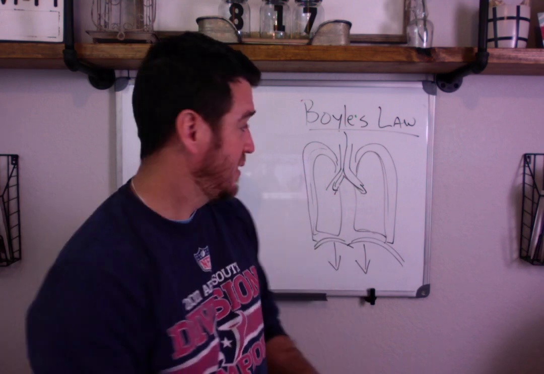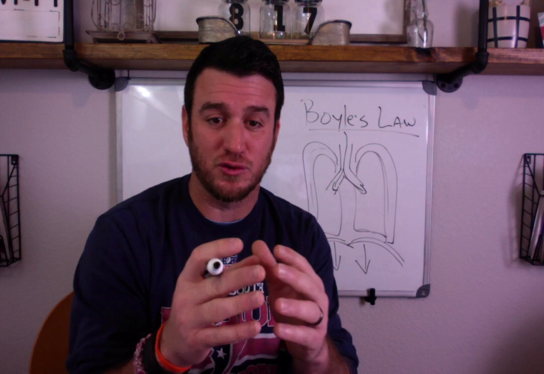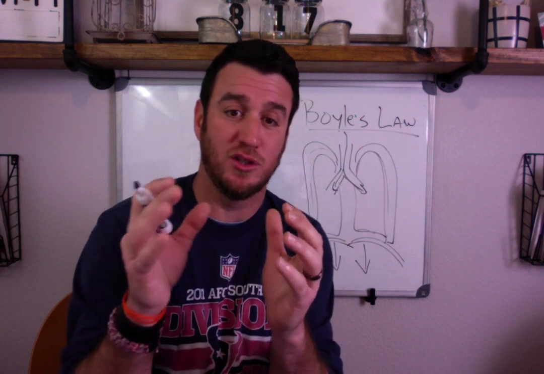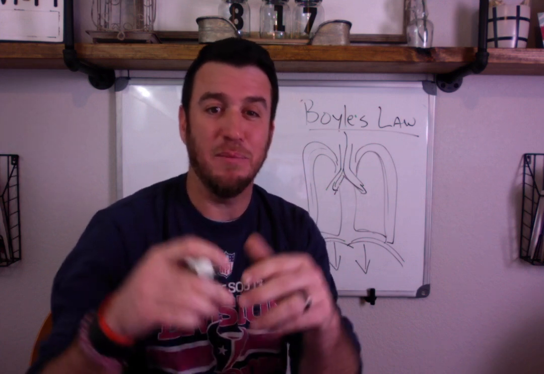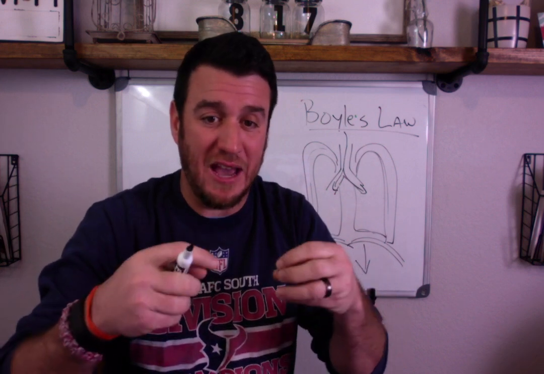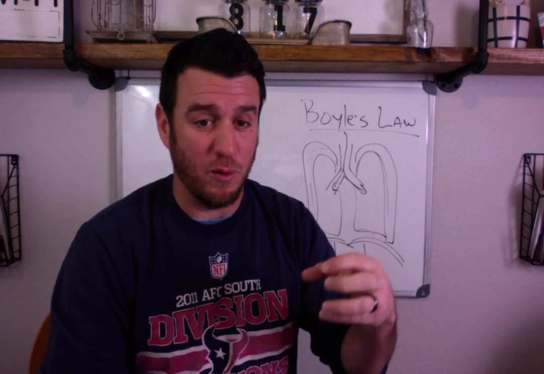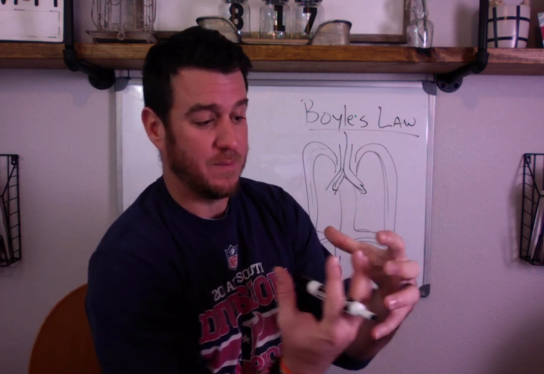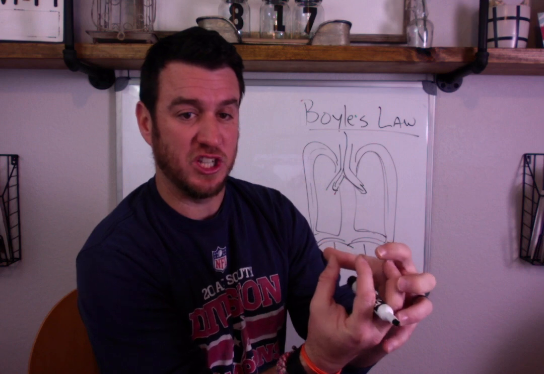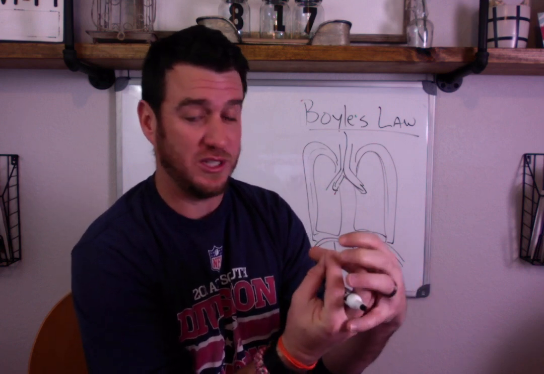Diaphragm drops because of the lungs' natural state to want to collapse, and because of the ribs and the thoracic cavity's natural tendency to want to expand. You have something that wants to expand in conjunction with something that wants to collapse, and this creates a pulling towards each other.